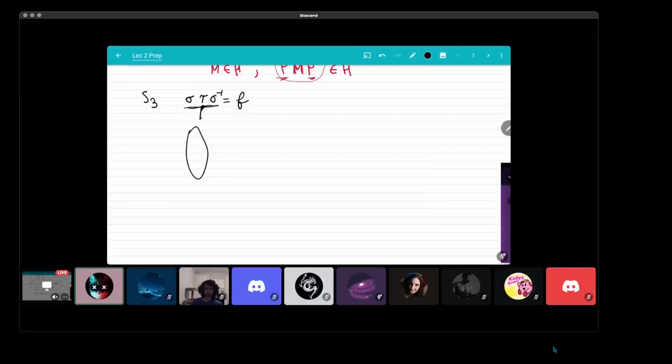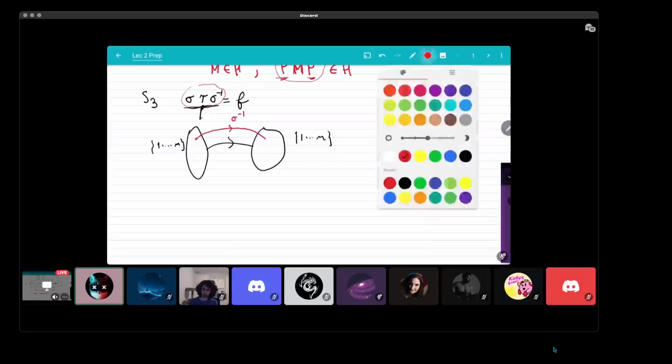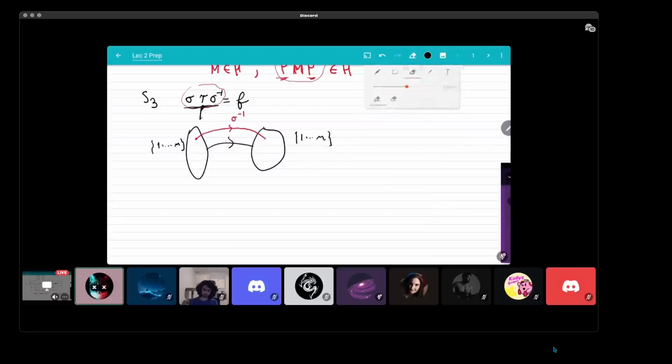So say we have the set 1 to n, because that's what permutations are, going to 1 to n. The operation on the left is taking an element, its image through sigma minus 1, then taking its image through tau, and then its image through sigma again.